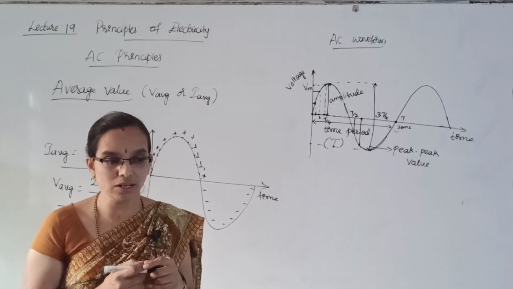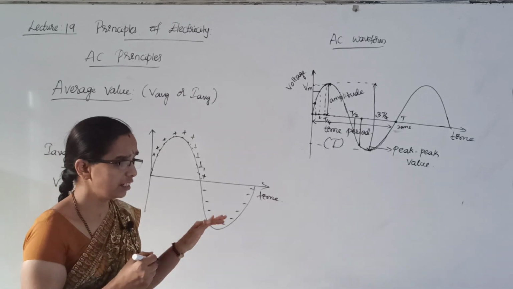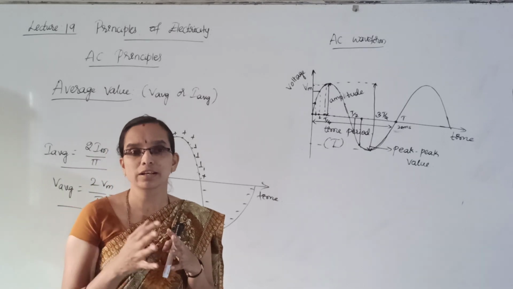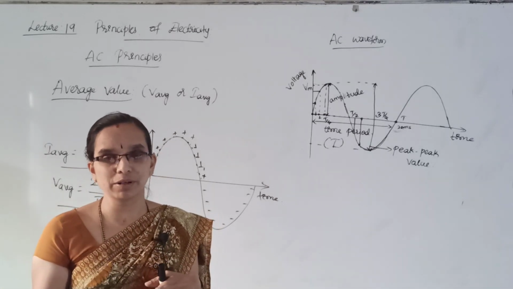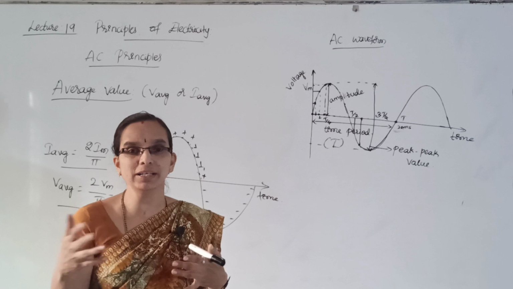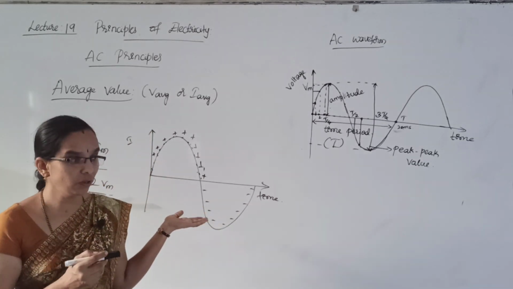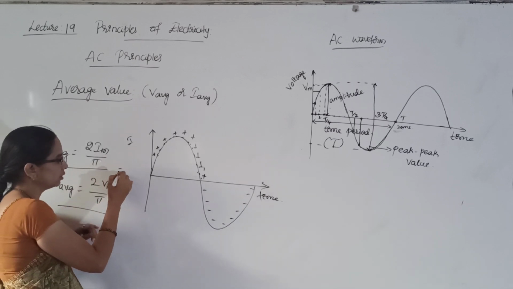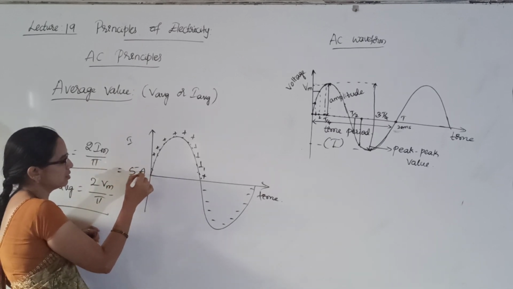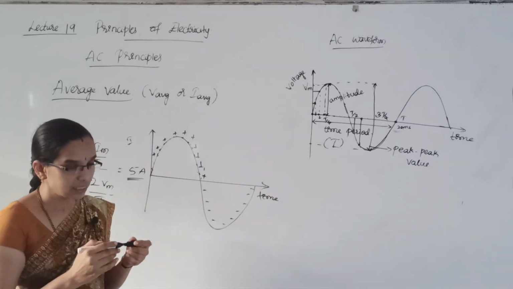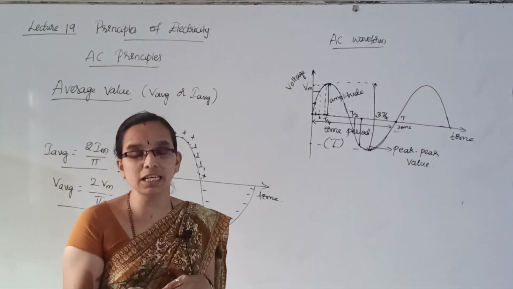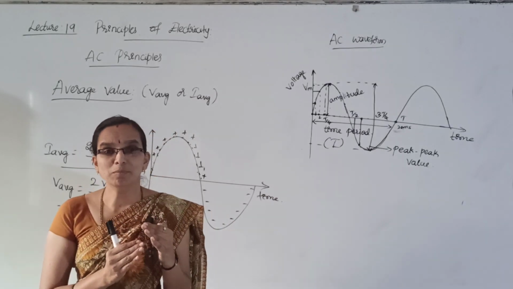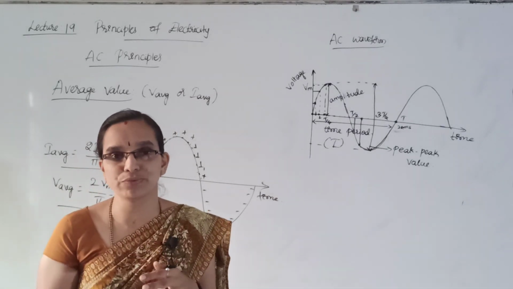They will tell this is the DC value of AC. Why will they tell this? Because the flow of current is the number of charges transferred per time, Q by T, charges transferred by time taken. So if the average value of the current is 5 amperes, that means if the same 5 amperes of DC flows, in both cases the same amount of charges will be transferred.